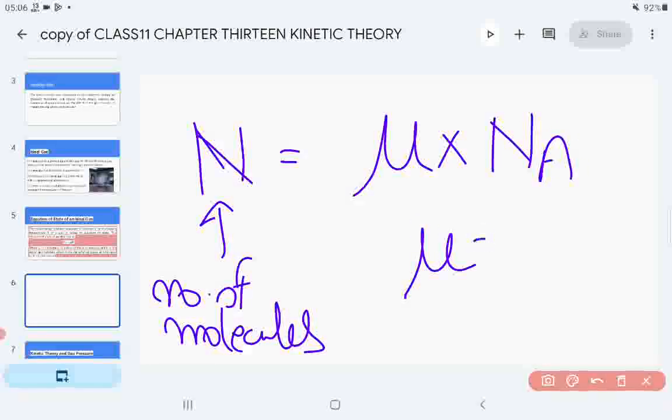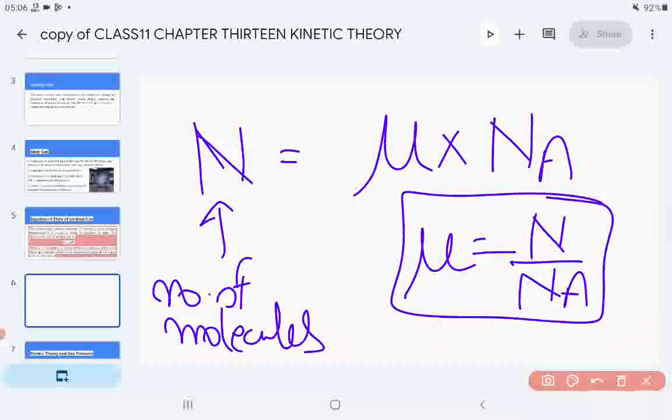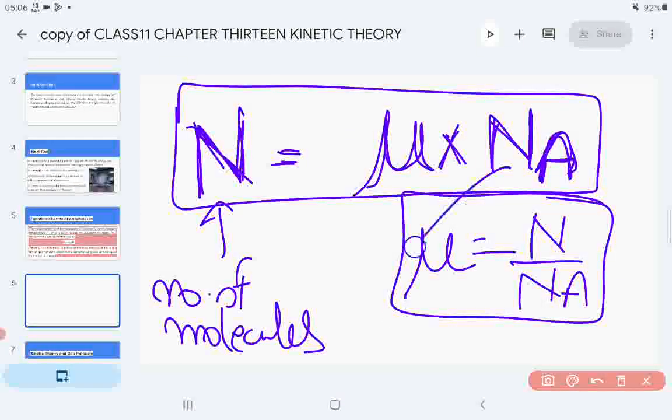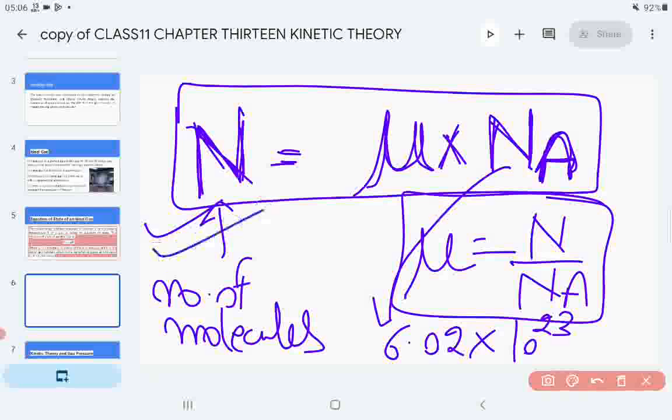So you get mu equals N upon Na. Just remember that the total number of molecules equals the number of moles into the value of 1 mole. It is Avogadro's constant Na, the value of 1 mole, 6.02 times 10 raised to the power 23. This is one form of the formula for moles.